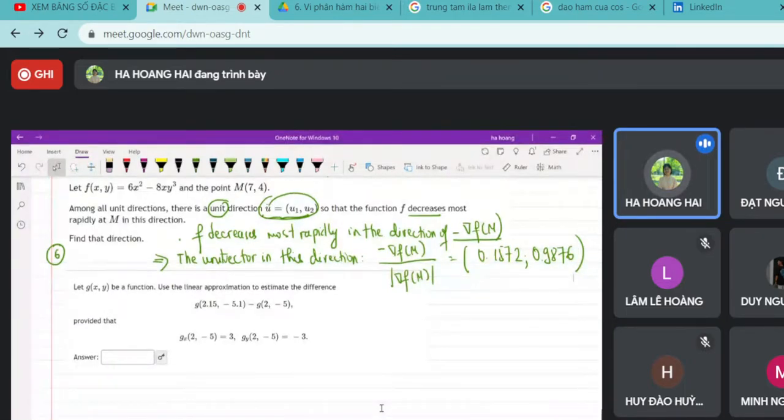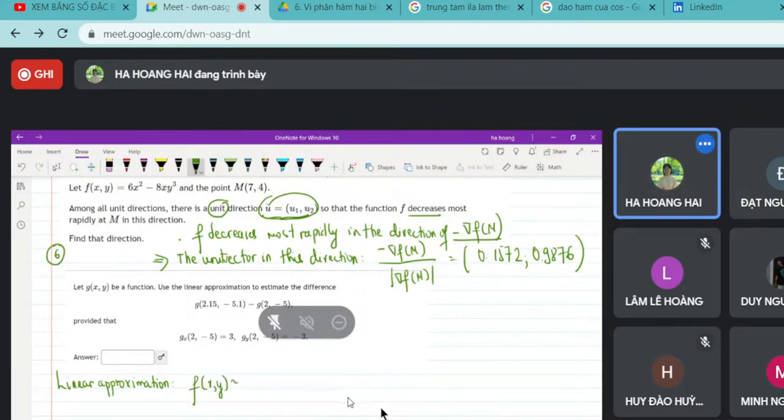Now recall the linear approximation that we use to estimate the approximate value of a function f(x,y) near (x0,y0): f(x0,y0) plus fx(x0,y0) multiplied by delta x, plus fy(x0,y0) multiplied by y minus y0.